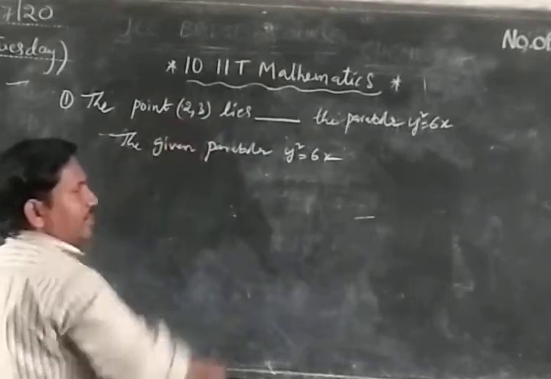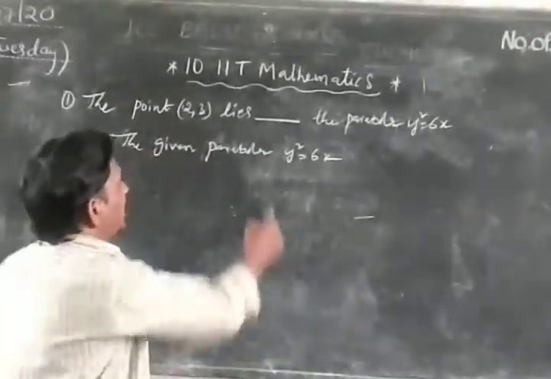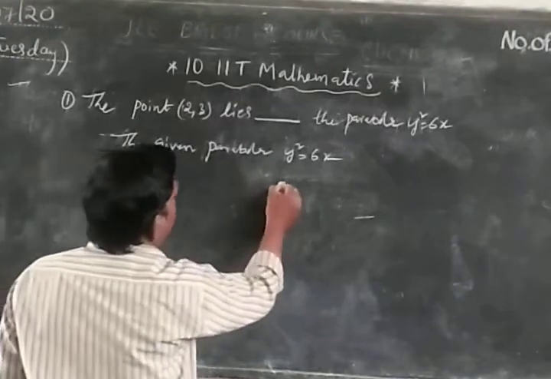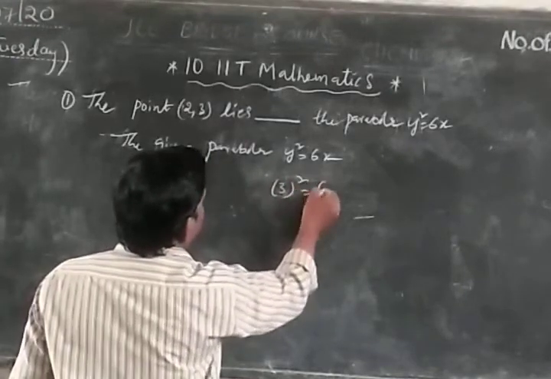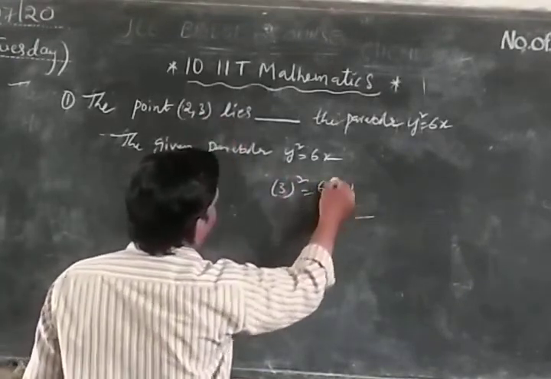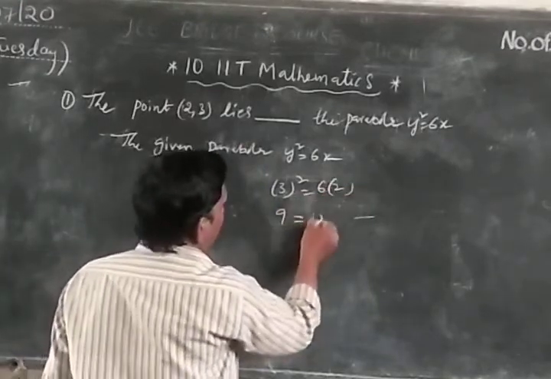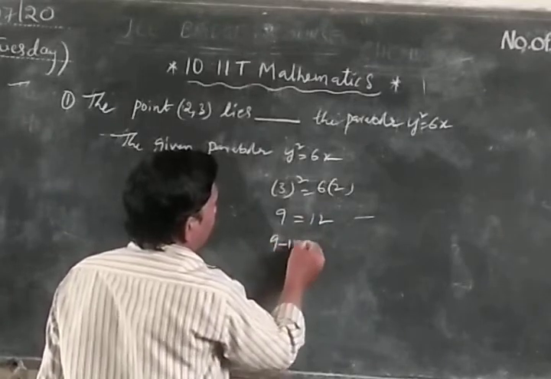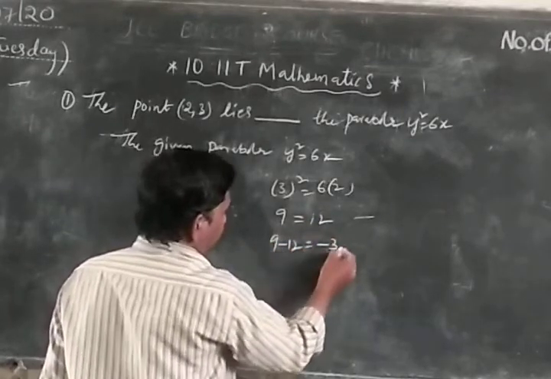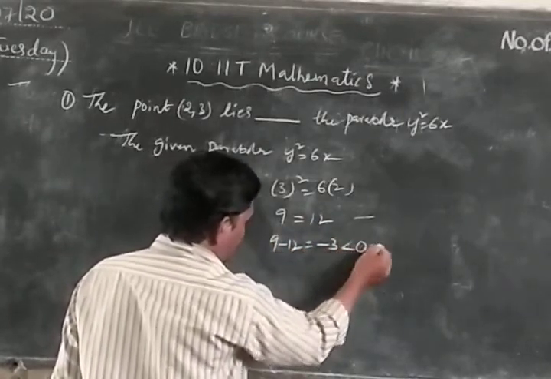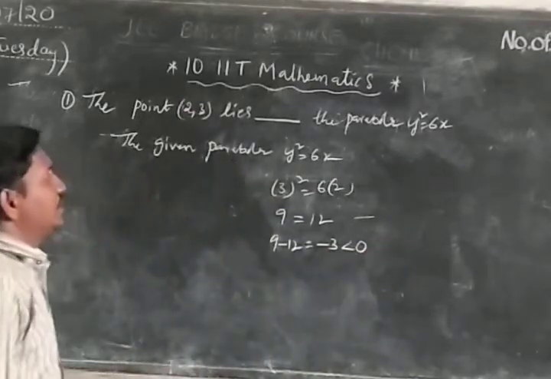Here 2, 3 means the x and y values. Here y is 3, so 3 whole square, 9, minus 6 into 2, which is 12. 9 minus 12 equal to minus 3, which is less than 0.